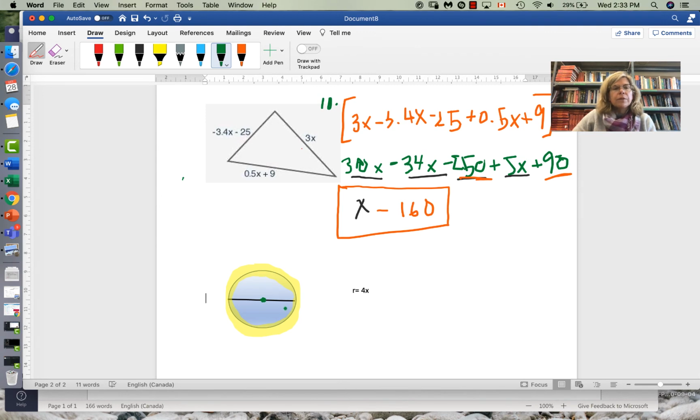Okay, so to figure out the circumference, or the perimeter, of my circle, you're going to say circumference, which is basically what I'm calling the perimeter in this case.